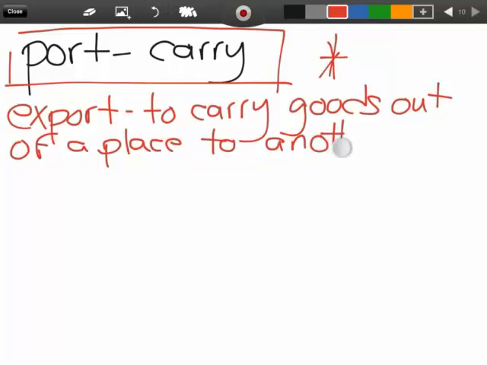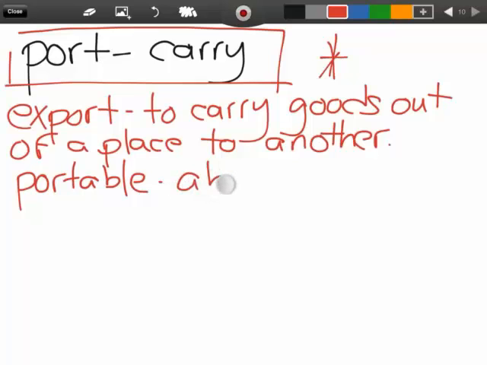And I'm going to give you another one, which is portable. And the meaning of that is able to be carried.